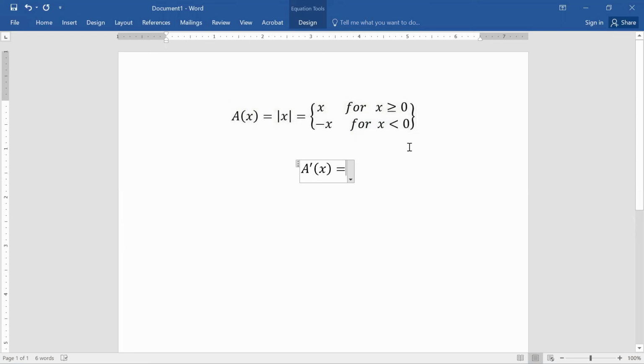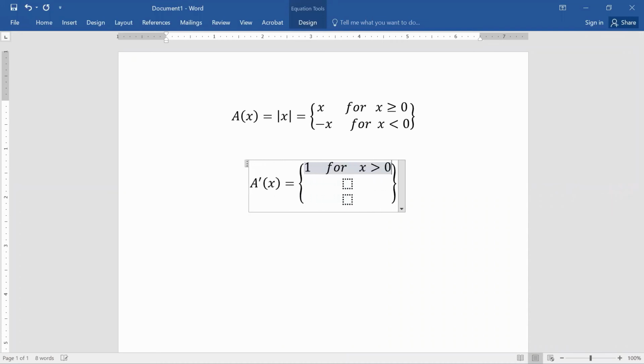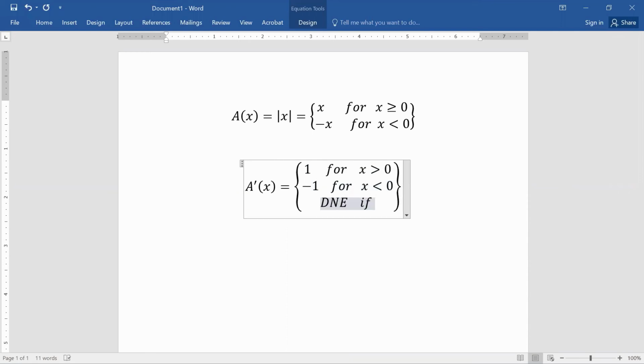So the derivative does not exist when x is 0. Let's write that down. So we get a derivative which is 1 for any x greater than 0, -1 for any x less than 0, and a derivative that does not exist if x is equal to 0.